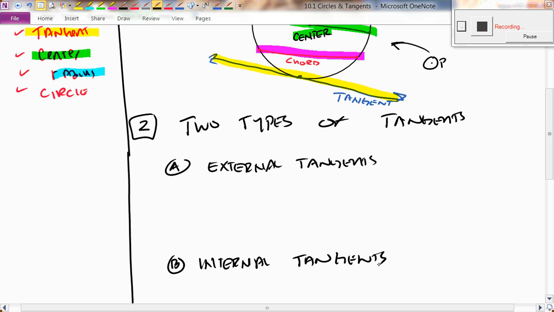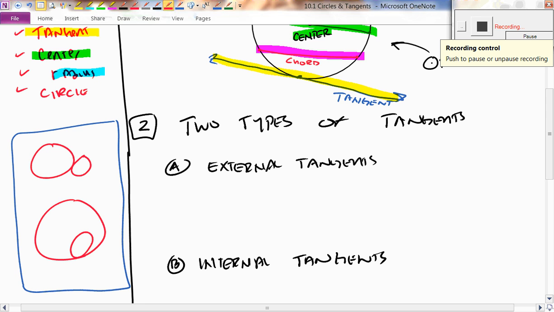Okay, so I challenge you right now to do one thing. I would like you to draw two circles on the left-hand side that only intersect once.